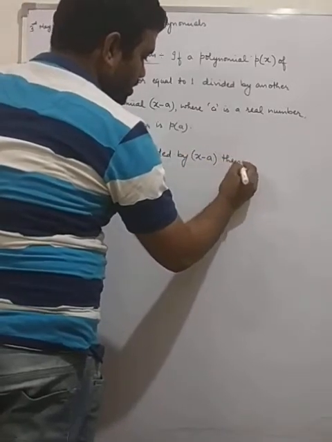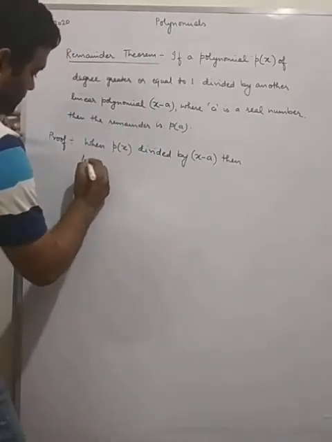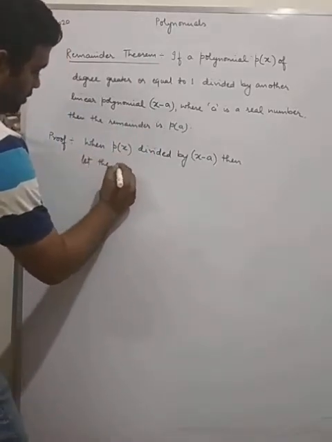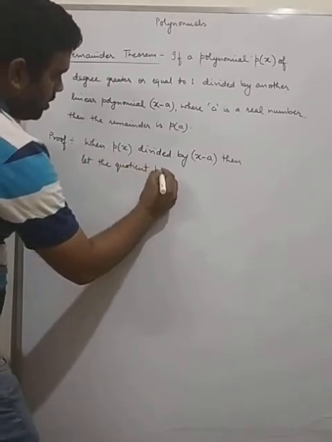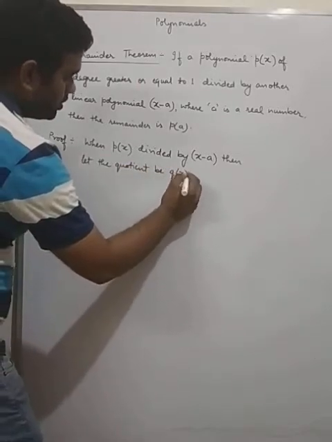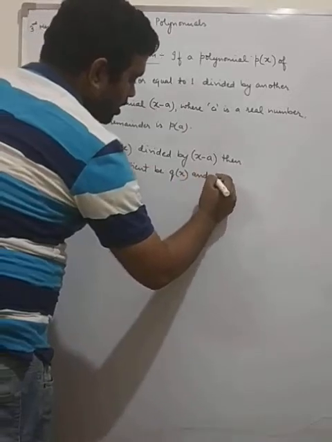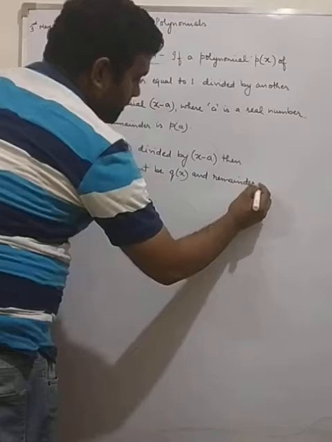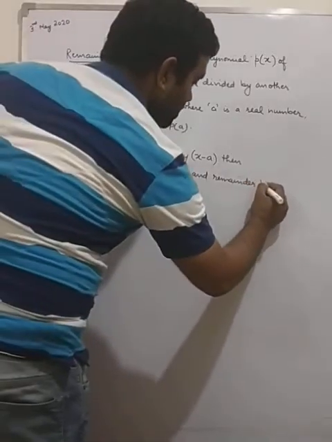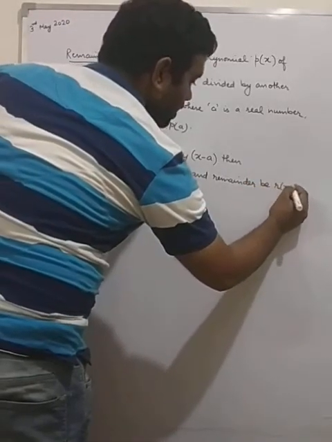Let the quotient be q(x) and the remainder be r(x).